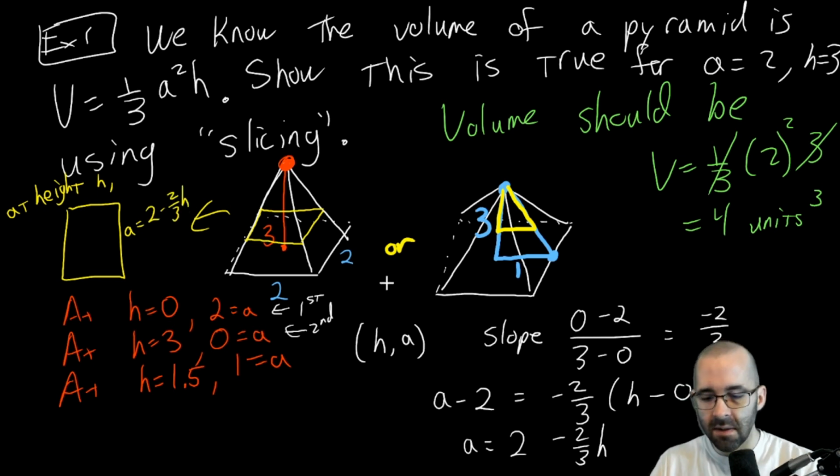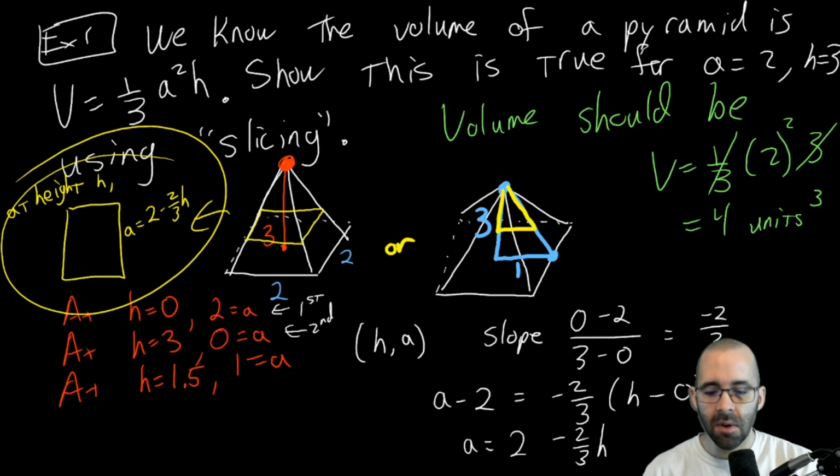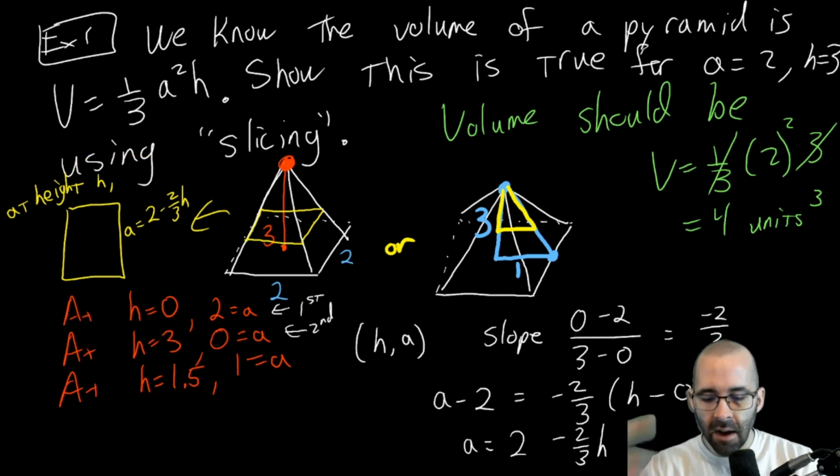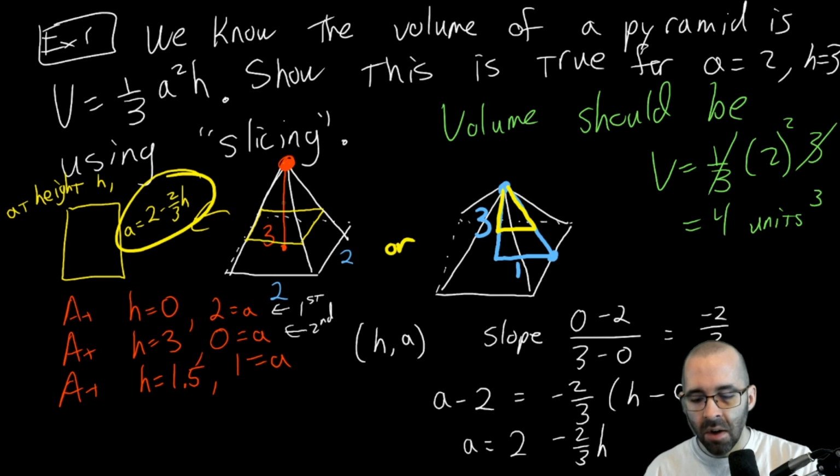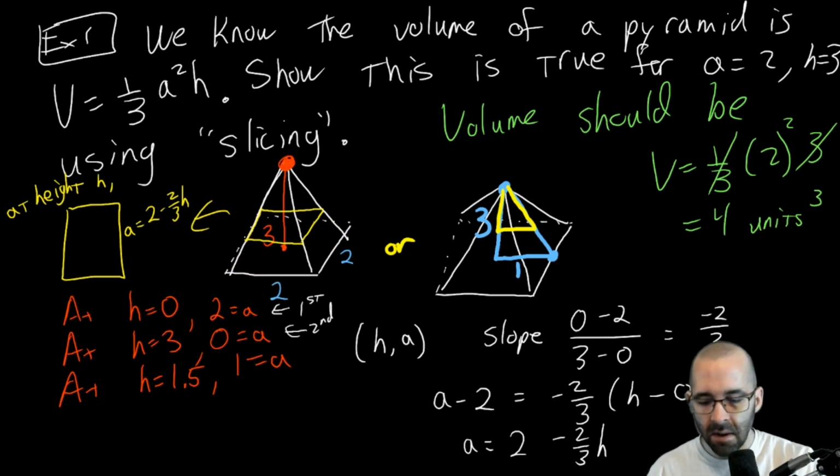And we can just check this. This is going to be useful. Let's check it in our heads. At h equals 0, when we're at the bottom, our side length should be 2. That's good.